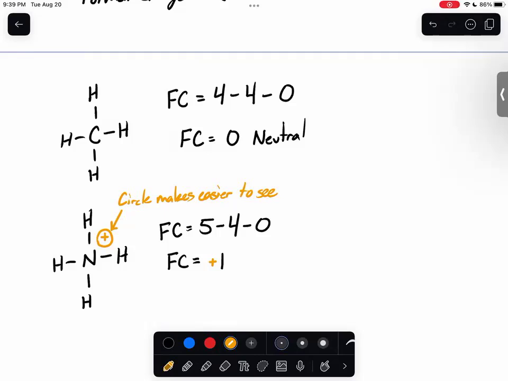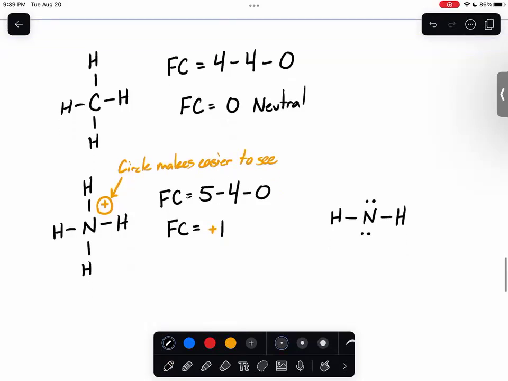Now let's do one more example before we move on. What would happen if we took that nitrogen and we only made it an NH2, right? In this case, for that nitrogen to have an octet, it's going to have 2 lone pairs. So now if we take this and we do the formal charge equation, we see that nitrogen has 5 valence electrons. It currently has 2 bonds to it.